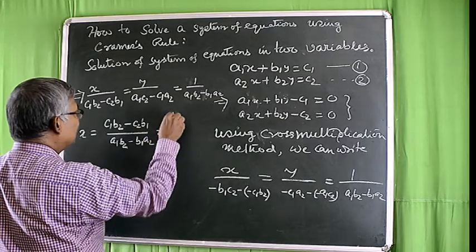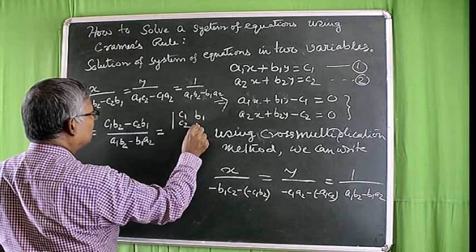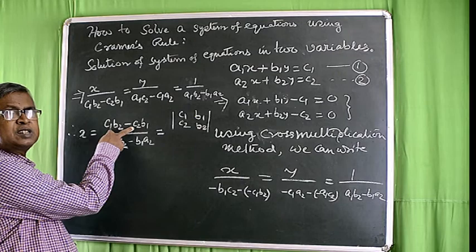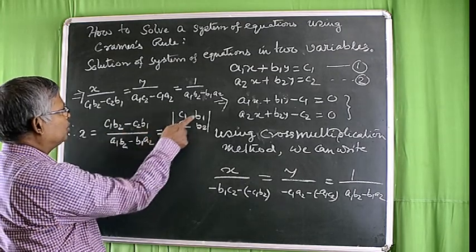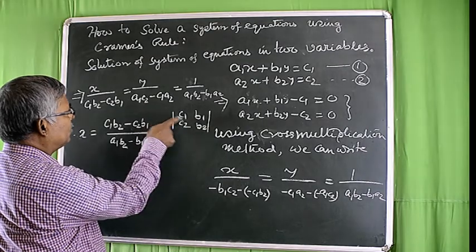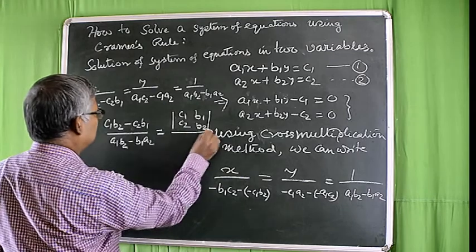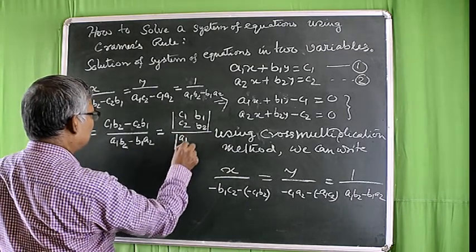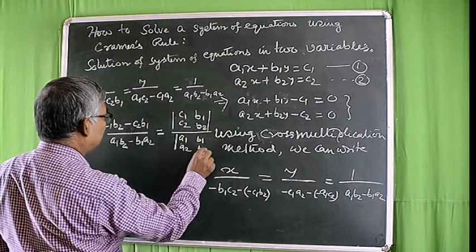You know, this algebraic expression can be expressed as the determinant c1 c2 b1 b2, that is c1 b2 minus b1 c2, and the determinant a1 a2 b1 b2.